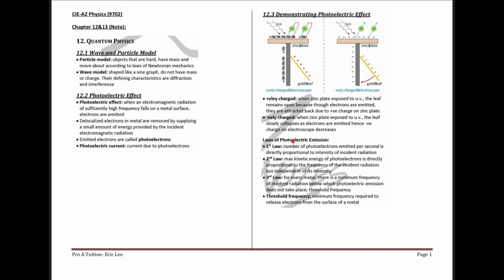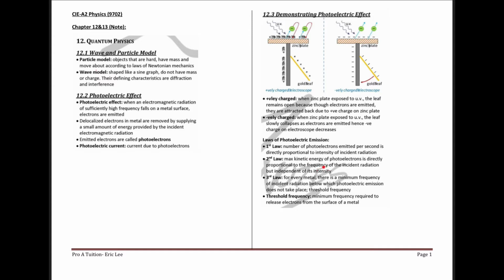Then we have the laws of photoelectric emission. The first law is about the relation between the intensity and the number of photoelectrons. If the UV light has big intensity, the number of photoelectrons will be greater. The second law is about the frequency and the kinetic energy.